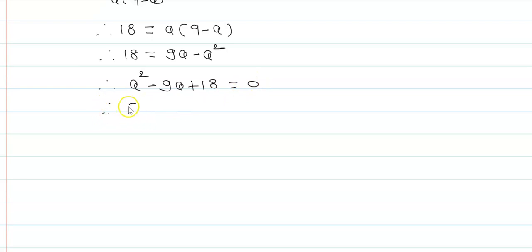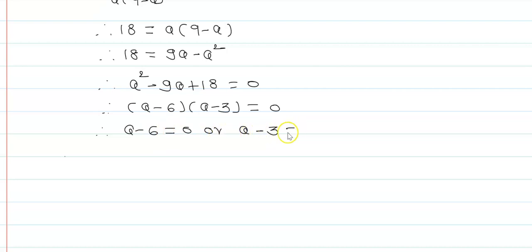Now the factors are in bracket a minus 6 into in bracket a minus 3, and that's equals to 0. Therefore a minus 6 is equals to 0, or a minus 3 is equals to 0. Therefore a is equals to 6, or a is equals to 3.